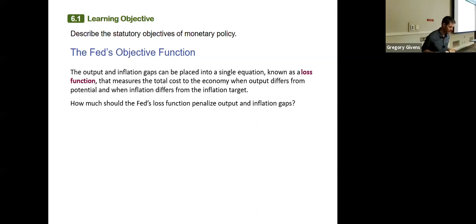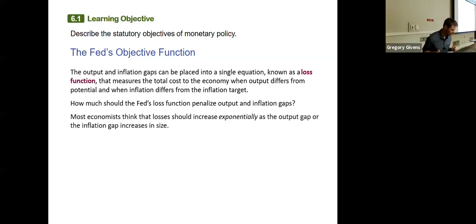Now, it turns out that a very simple loss function that has a quadratic form to it, so it's an equation to the power of 2, satisfies this assumption about exponential losses. Let's just work through some straightforward examples to illustrate what I'm talking about here, okay?